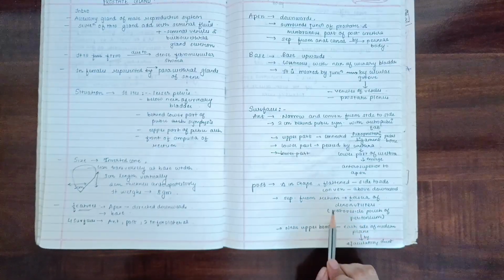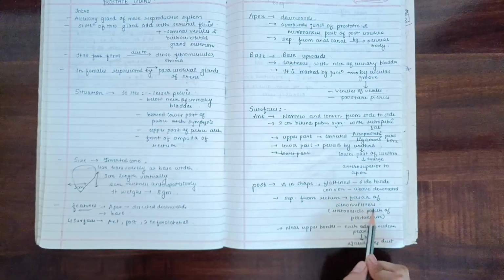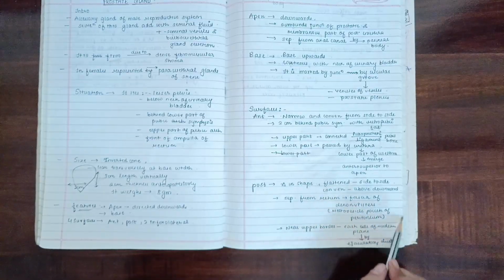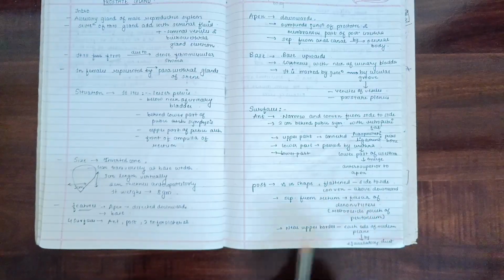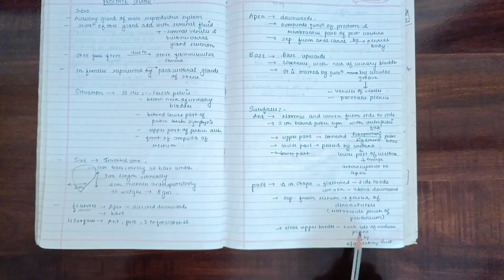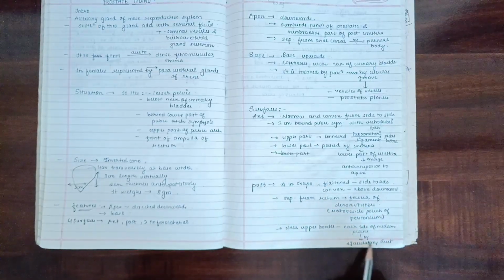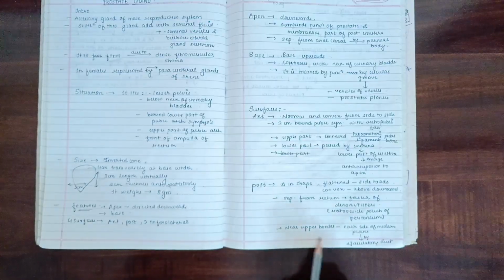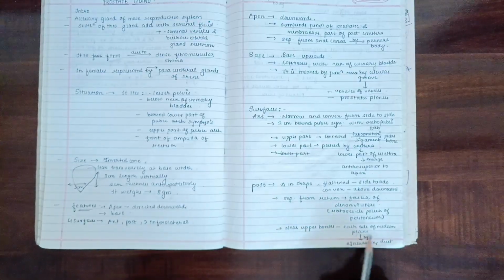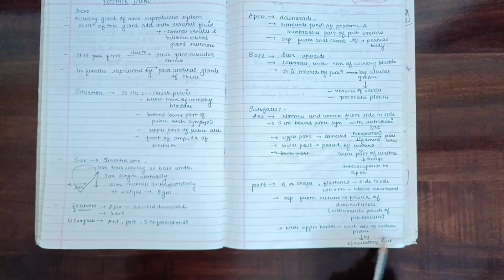Near the upper border, on each side of the median plane, it is related to the ejaculatory duct.